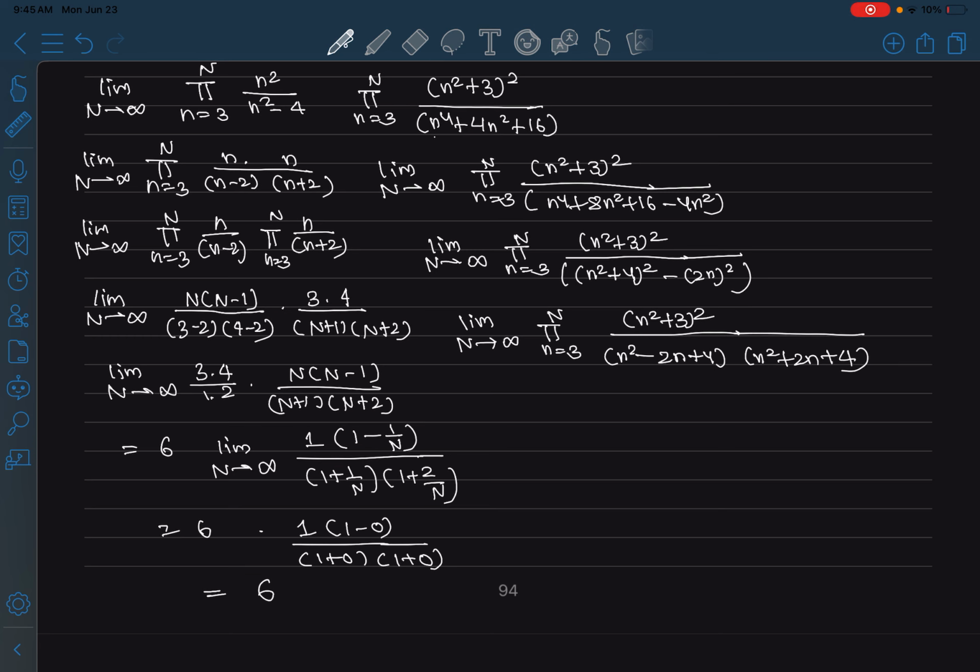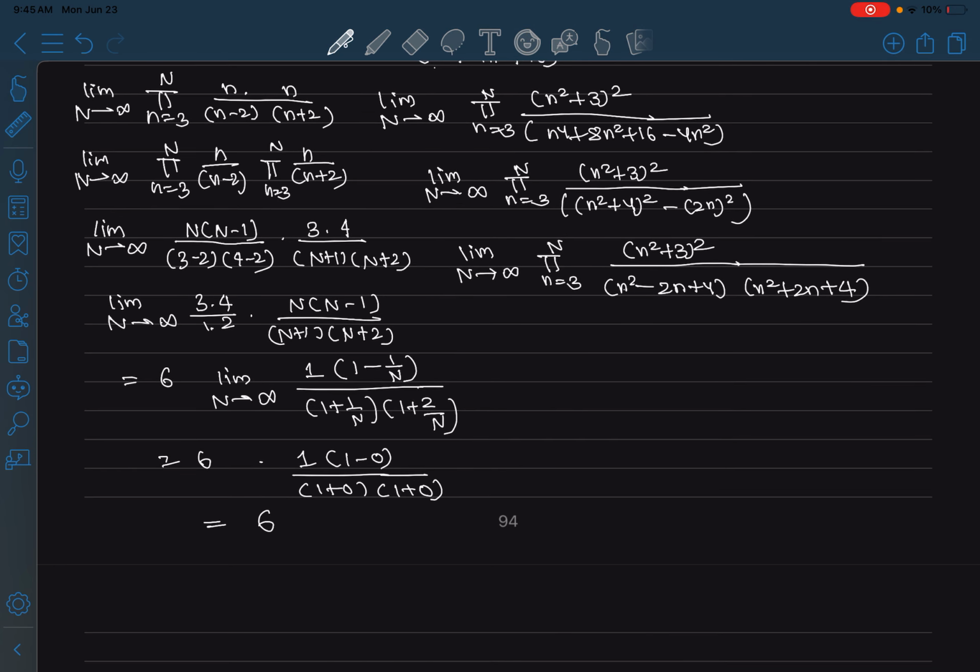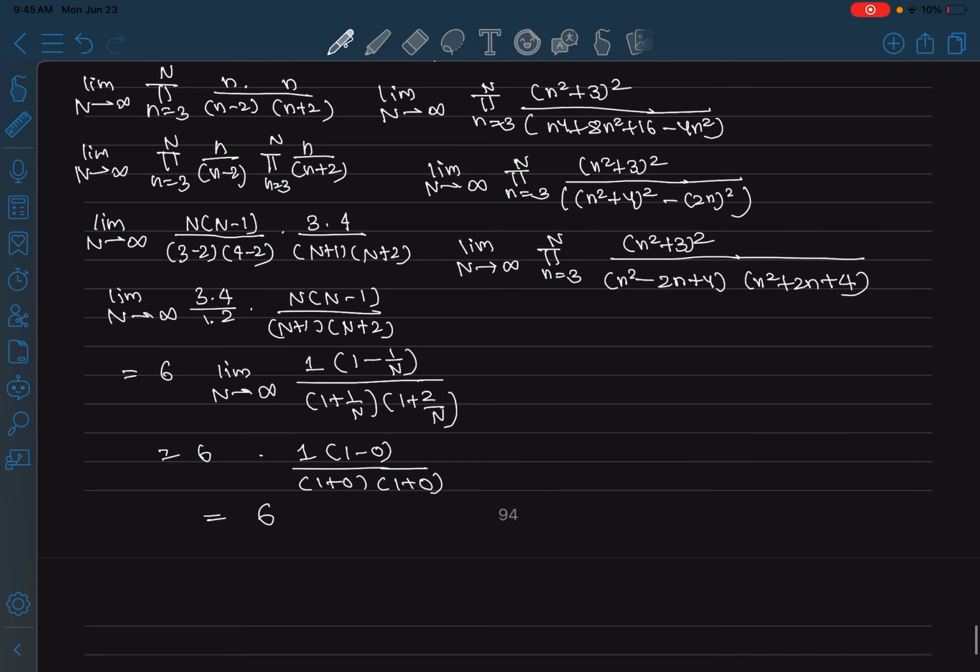Now, if you try to complete the square for the n square minus 2n and n square plus 2n, you will notice something really beautiful. If you try to complete those squares, this is n square plus 3, n square plus 3, right? The first one becomes n minus 1 square plus 3, and this one again becomes n plus 1 square plus 3.